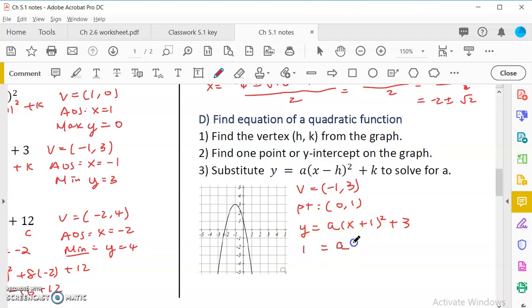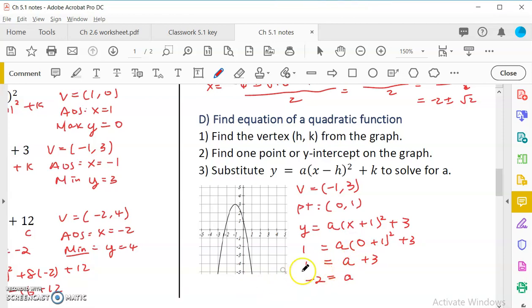1 is equal to a times (0 plus 1) squared plus 3. So the first step is use this, plug in h, k, and then plug in the point. So the only thing that is unknown is a. So you have 1 equal to a, 0 plus 1 squared is a, plus 3. So a equal to 1 minus 3, a equal to -2.